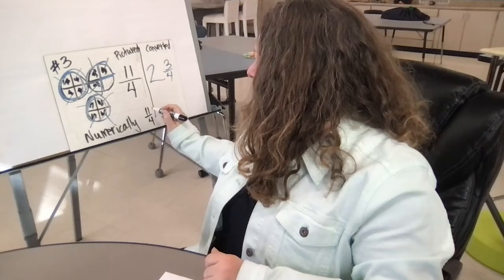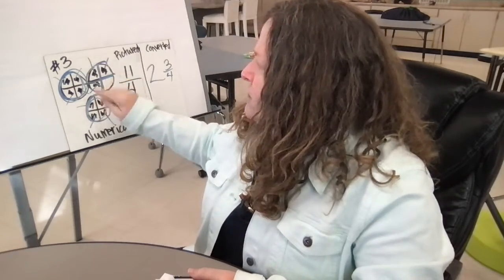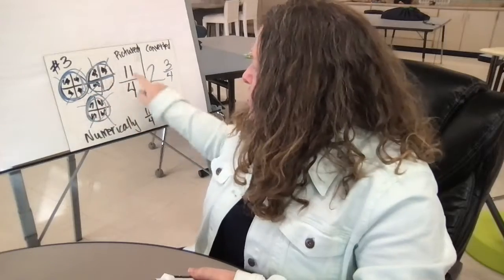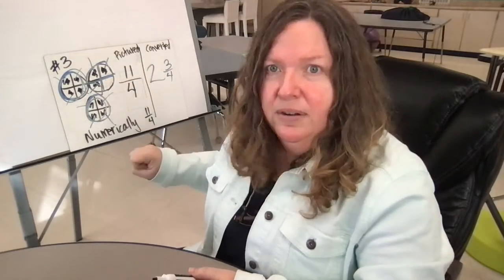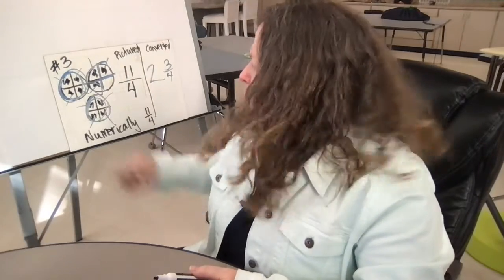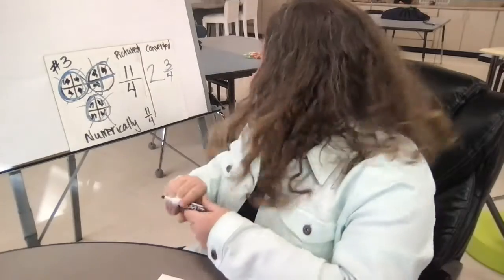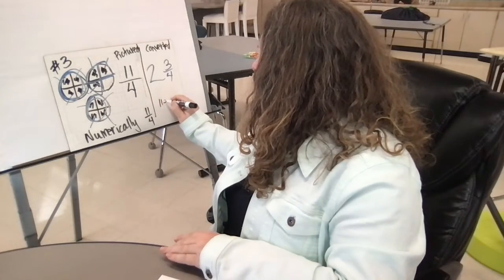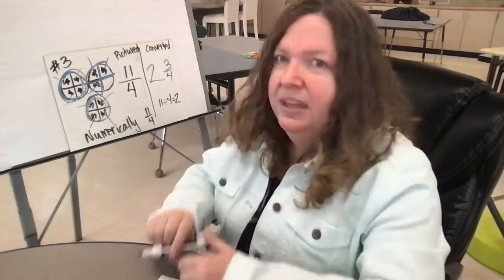So you would say 11 divided by 4 is how much? Because we have 11 and we're dividing them by groups of 4. So we could say 11 pieces divided by groups of 4. Well, when we take 11 divided by groups of 4, there's one group of 4, two groups of 4. So we could do 11 divided by 4 equals 2.